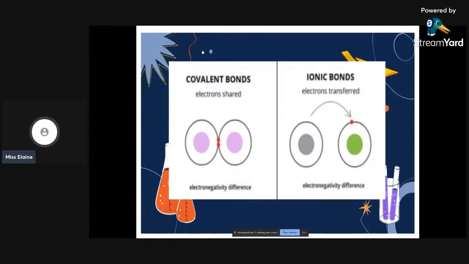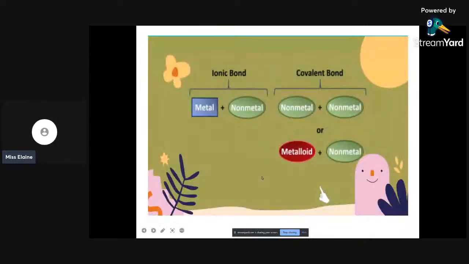When it comes to ionic bonds, the electrons are transferred. So, in terms of electronegativity difference, covalent bonds, shared. Ionic bonds, transferred. This is simple for you to easily understand and remember.